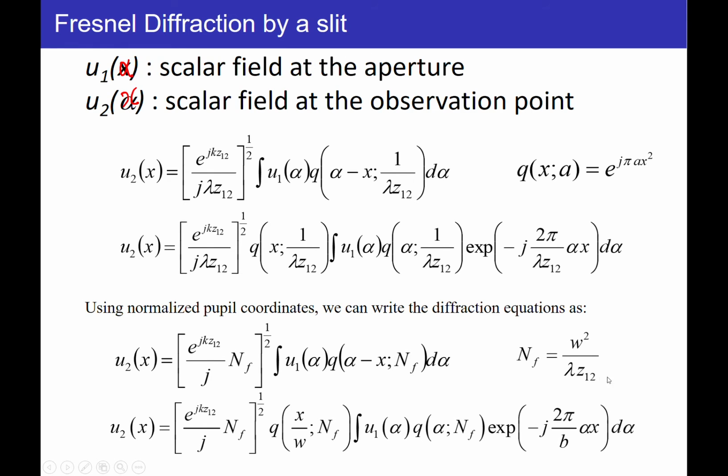NF is given by these equations, where W squared is the dimension of the aperture, and then we have lambda and Z12 here.